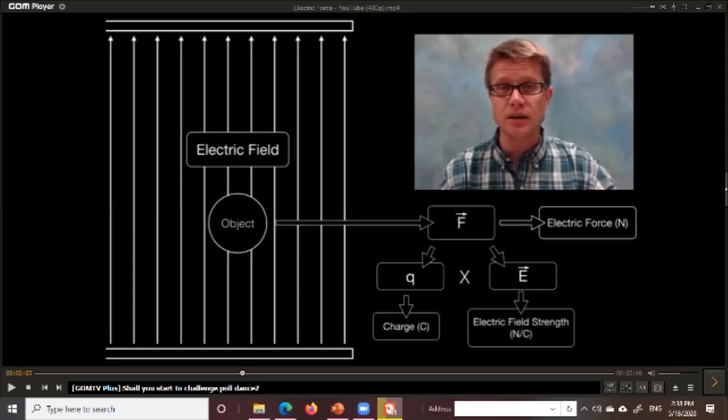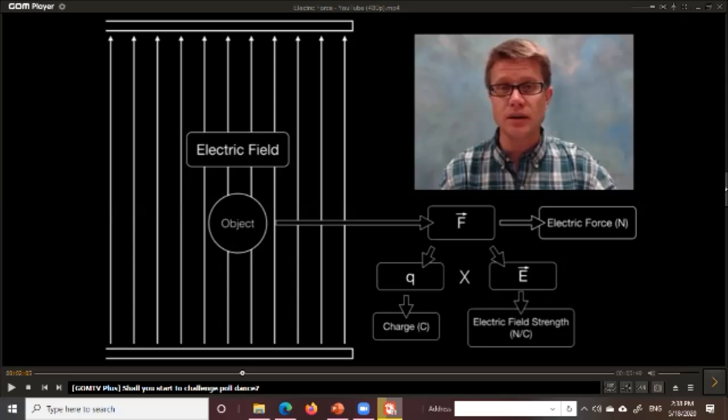What is the charge? We assume the charge is Q and the field strength is capital E. Therefore, the product of Q into E is represented as the electric force.